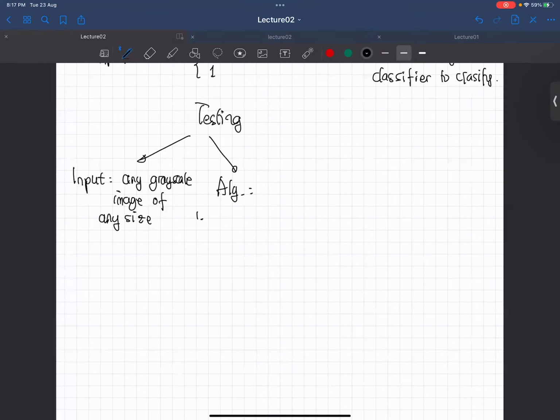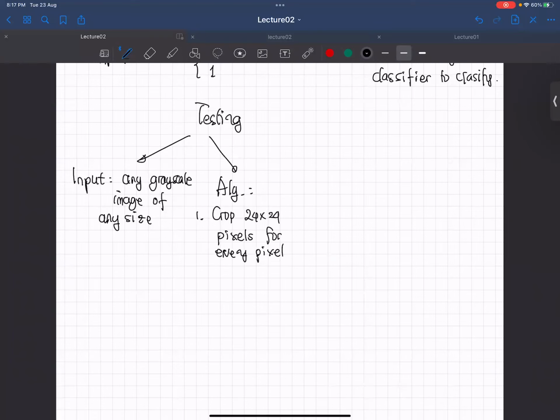All right, so if your input is any image of any size, what will be your algorithm? Number one, if you are the programmer, how can you solve the problem? You need to crop the image, crop the window, crop the patch, right? So we need to crop, starting from 24 by 24 pixels, for every location, for every pixel.